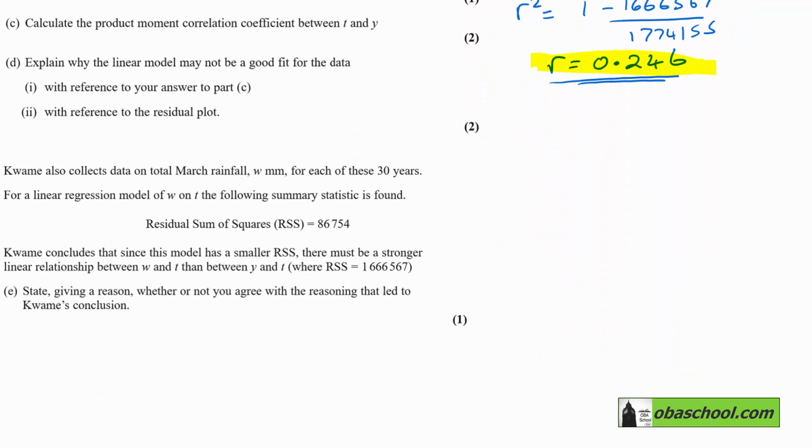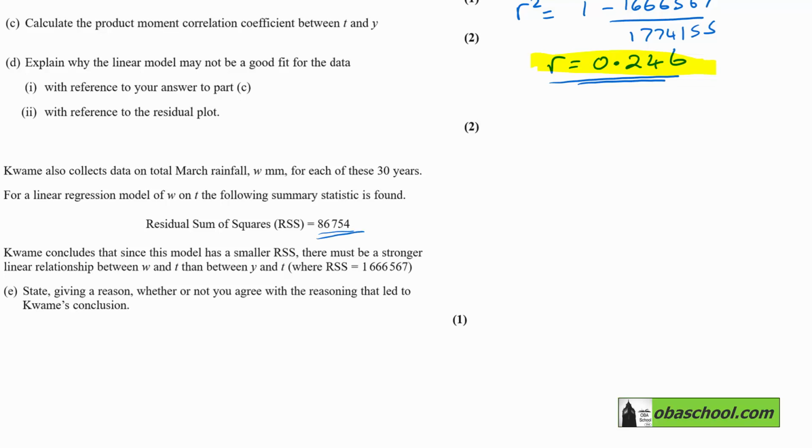Kwame also collects data on total March rainfall, W millimeters, for each of the 30 years. For a linear regression model of W on T, the following summary statistic is found. Residual sum of squares, RSS, is 86,754.